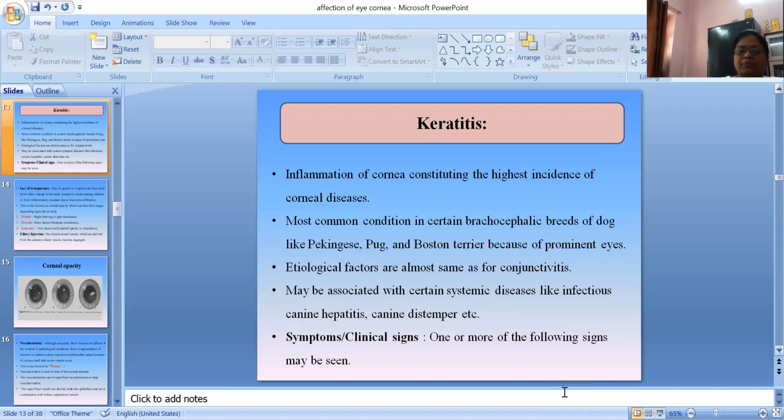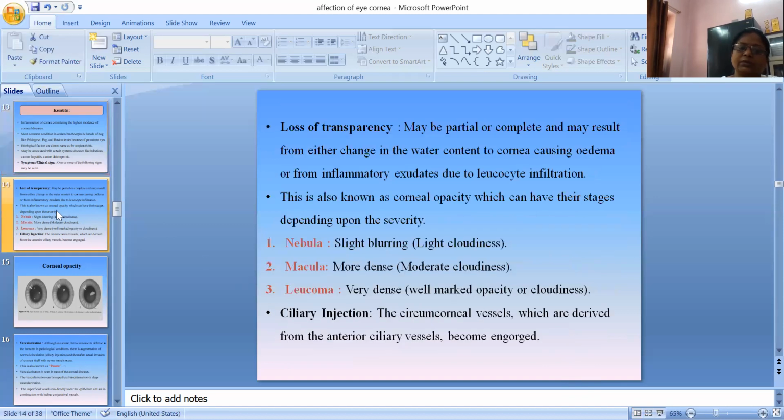Then symptoms and clinical signs: loss of transparency, partial or complete, which may result either from a change in the water content of the cornea, causing edema, or from inflammatory exudates due to leukocyte infiltration.